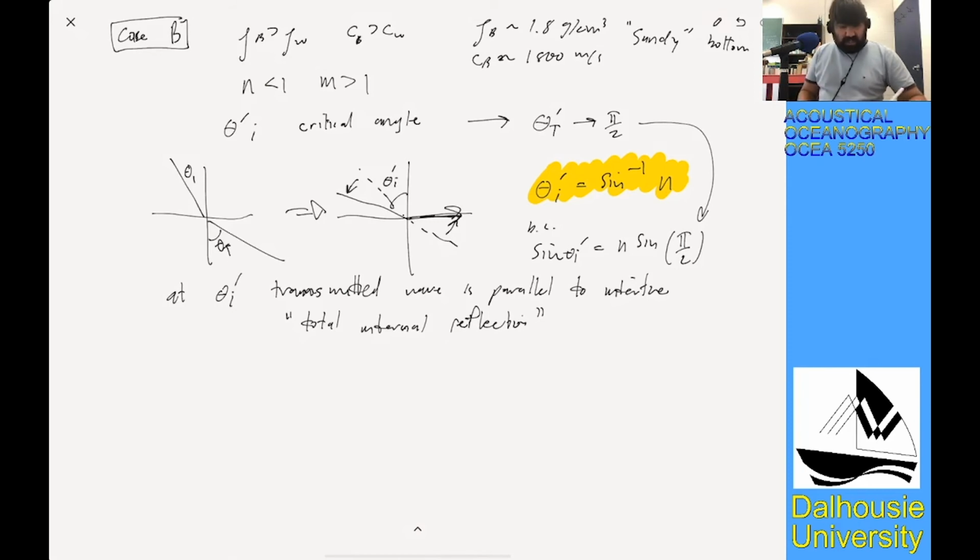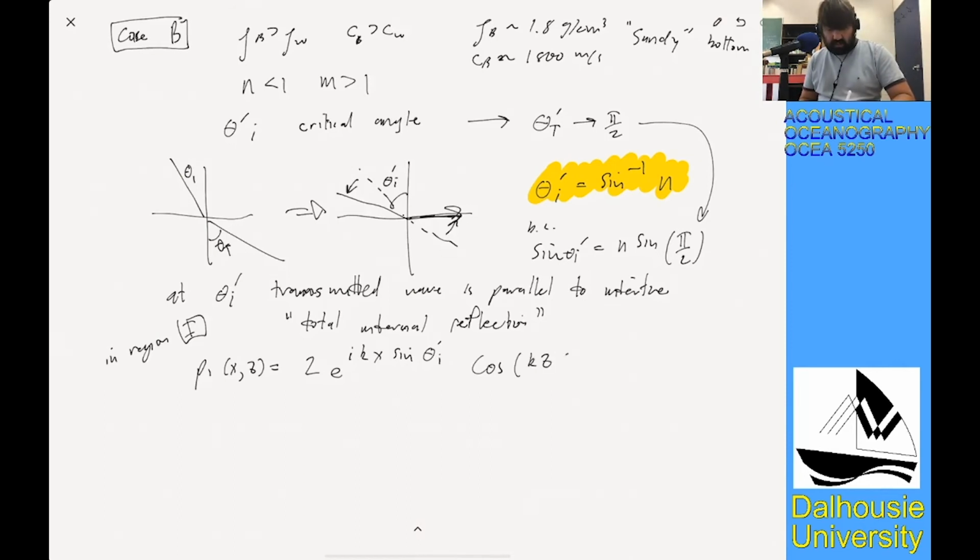So we go back to our expression. So P1, let's say in region 1, P1 in terms of x and z is equal to 2 i sine of the critical angle, cos kz.